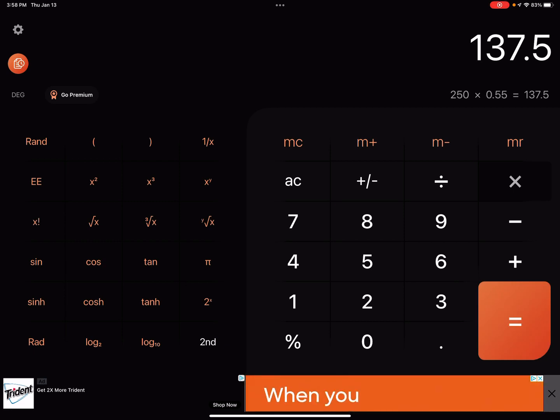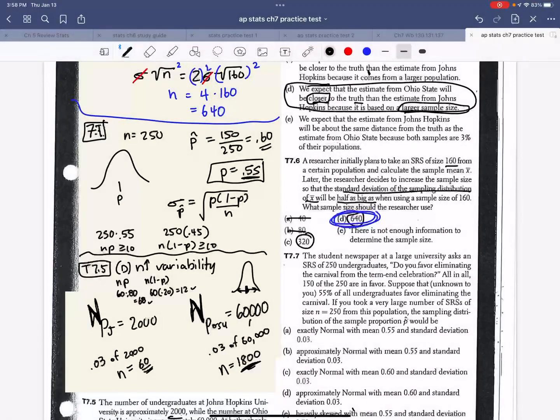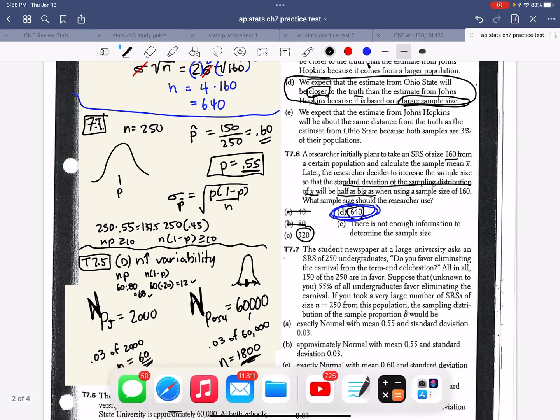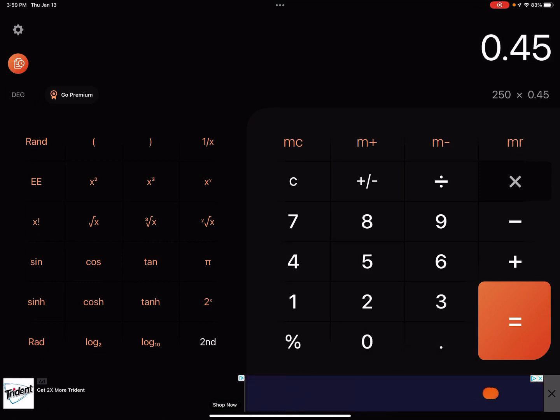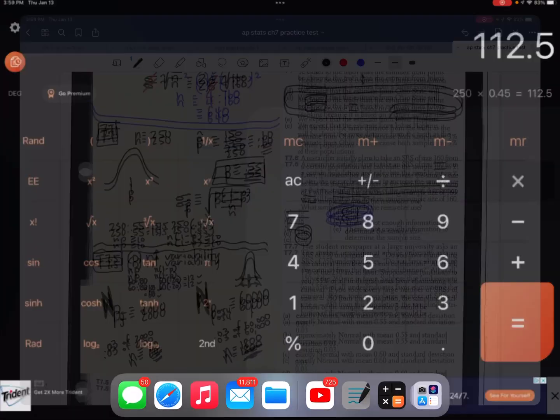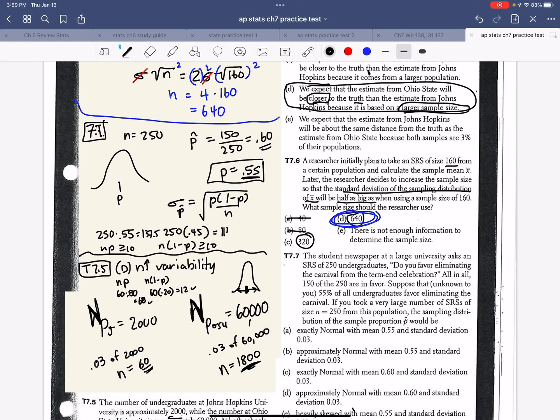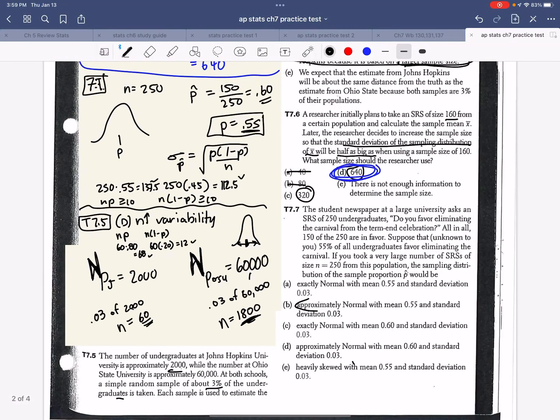Yep, 137.5. 250 times 0.45 is 112.5. And of course, yeah. So we can say they're approximately normal because of the 10% condition.